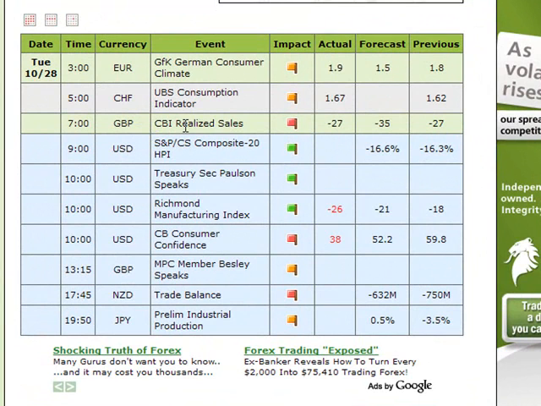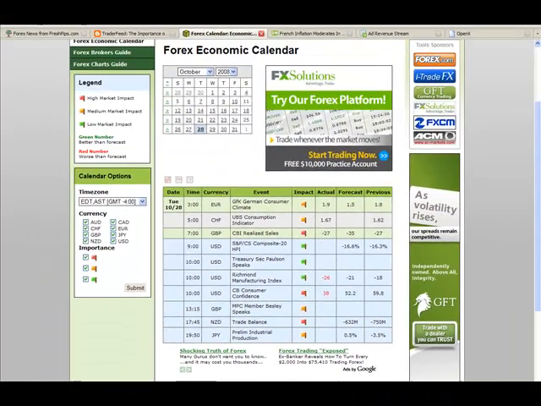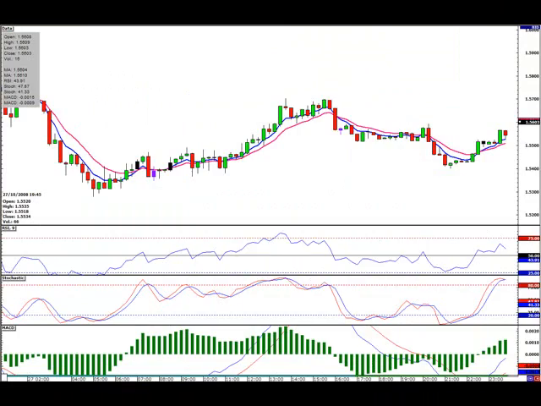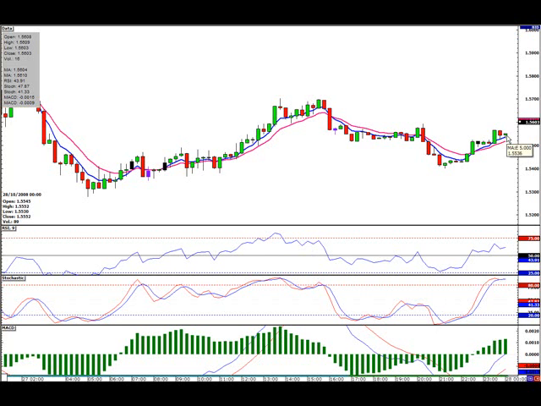At 7 a.m. Eastern time we have CBI realized sales, and at 10 a.m. Eastern time we have the dollar CB consumer confidence. Those are the two news events to watch out for, and it's as simple as that. I don't do any more research than that, just to see what time areas to watch out for. So now we're looking for short trades, and I can begin my trading day.